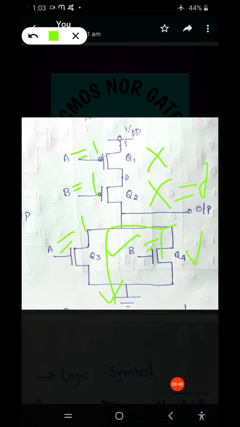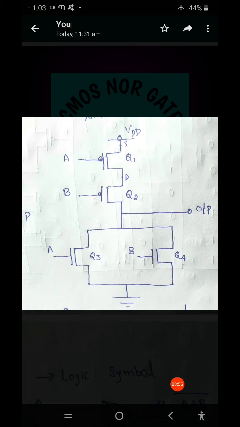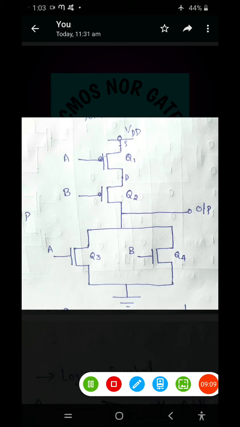Here also the power supply will not move towards the output because Q1 and Q2 both are off, right? So there are the four possible conditions.